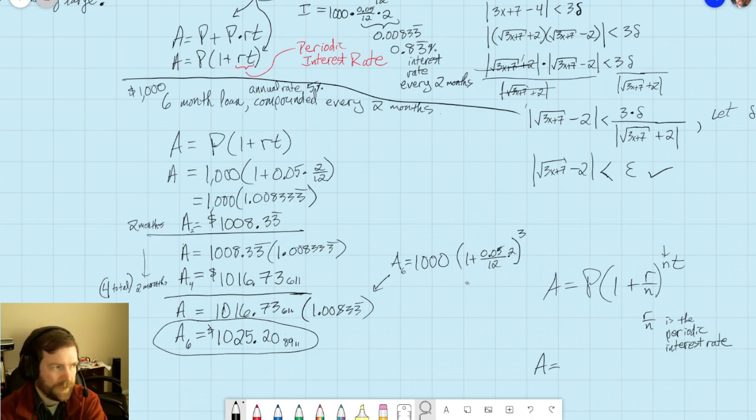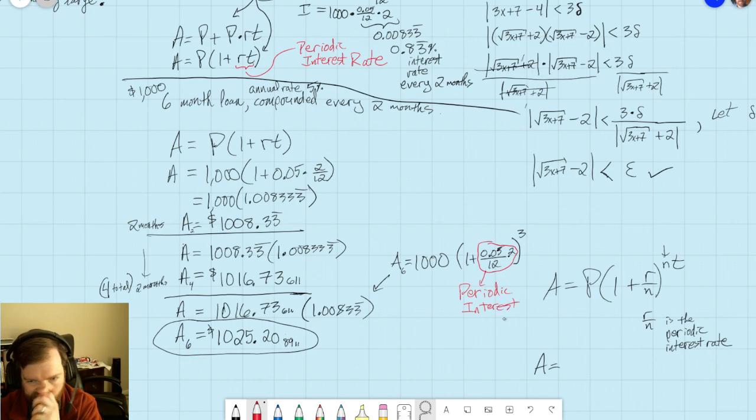So what is this really? Well, you saw the formula, but this part here is calculating the periodic interest rate. And this part here is calculating the number of compounding periods.